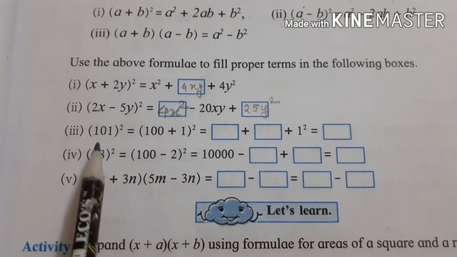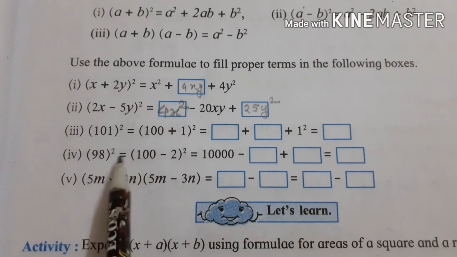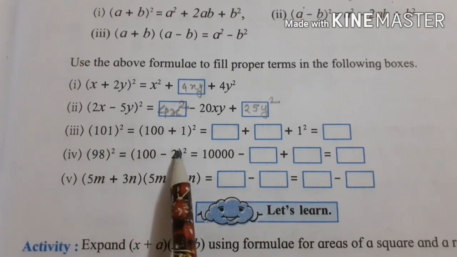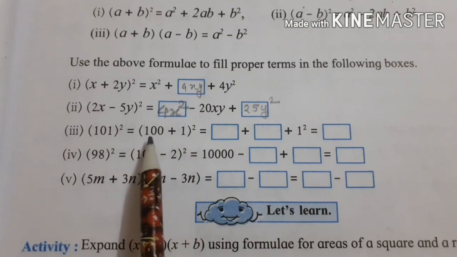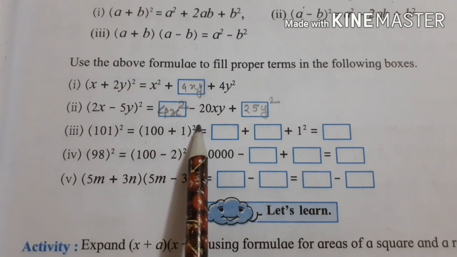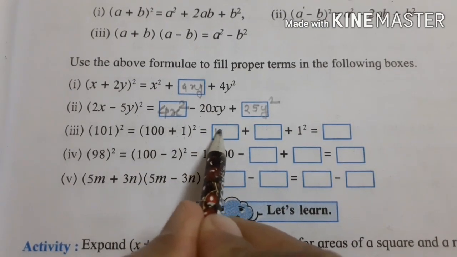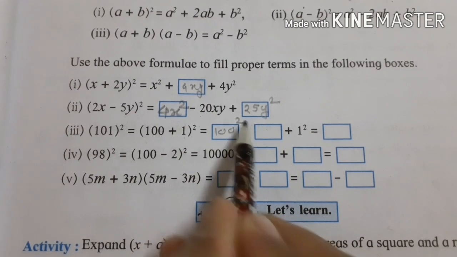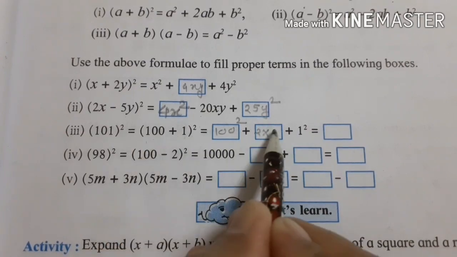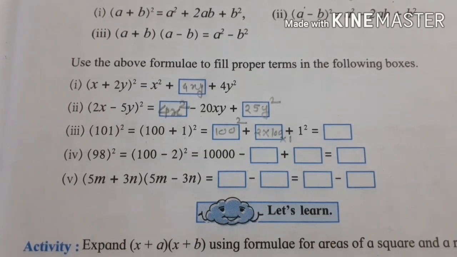Now third, 101 bracket square. 101 is near about 100, that's why we write a plus b as 100 plus 1. A is the first term and b is the second term. Now we write a square means 100 square, the first term. Now the middle term is 2 into a into b, a is 100 and b is 1, plus 1 square.